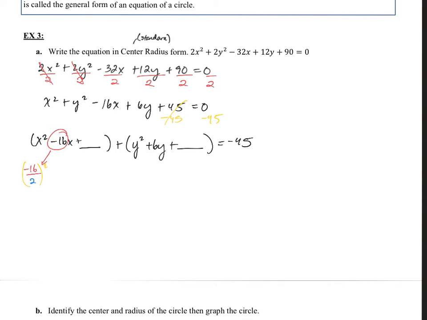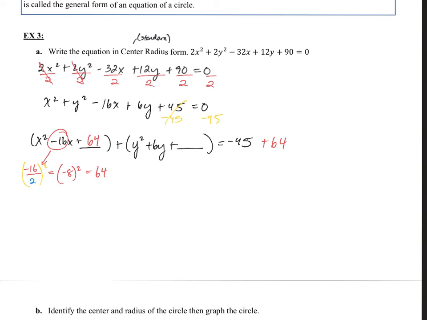So that's going to equal -8 squared, which is 64. And right there we found the perfect number. This number, once I add it into my equation, will create a perfect square trinomial for the x values. So I'll go ahead and add this in, but oops, I've just unbalanced my equation. I've added a 64. How do I balance my equation out? Well, we'll add 64 to the other side. Balance it out.